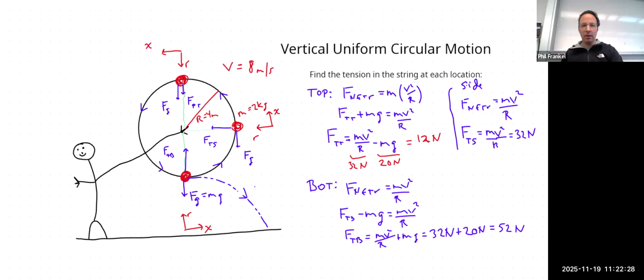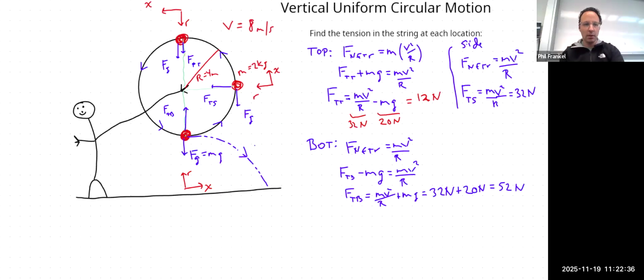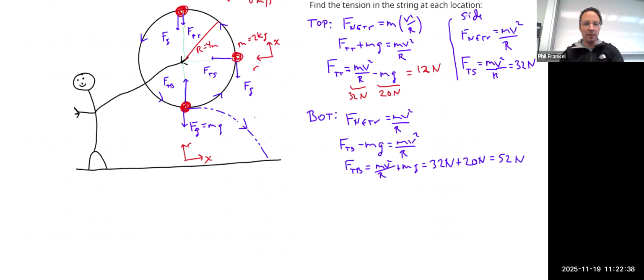All right, now let's talk about something else. One more thing, in fact, which is the following. What minimum speed does the object need to move at in order to stay in the circle?